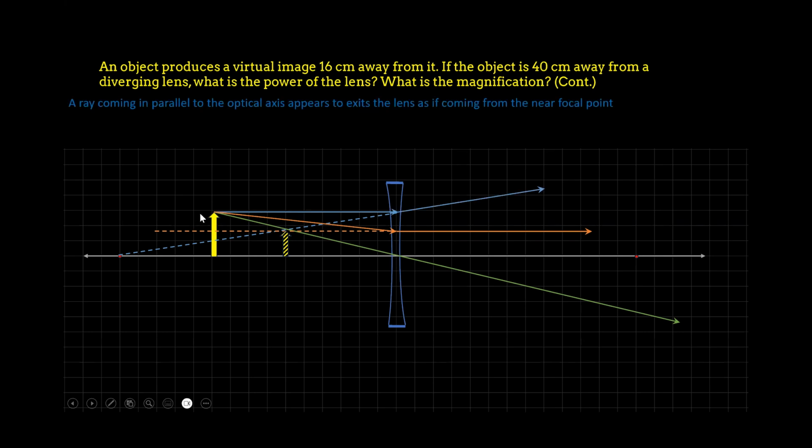The first ray, parallel to the optical axis, emerges from the lens as a divergent beam, appearing as if it's coming from the near focal point. Second one, through the center, continues.